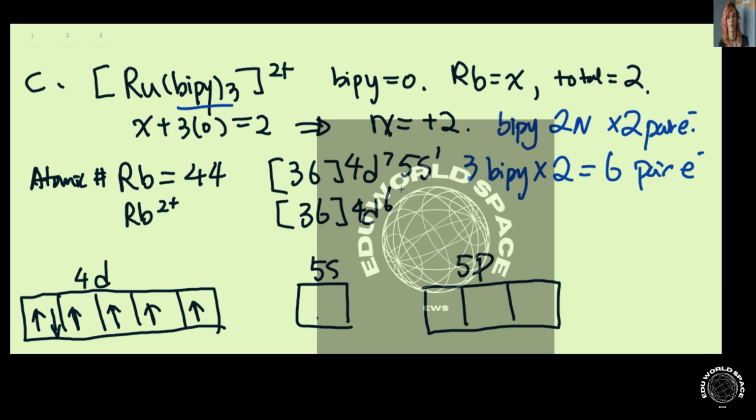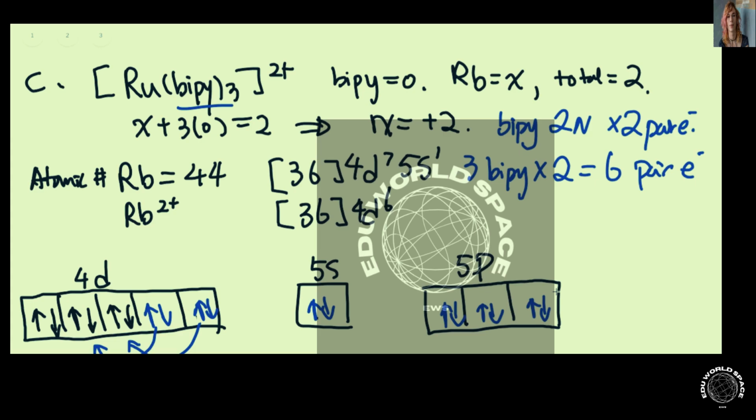Therefore, these 2 will then become paired up. So after it's been paired up, the electrons will move to here and here. And now 6 pairs of electrons will enter: 1 pair, 2 pair, 3, 4, 5, and 6 pairs of electrons.